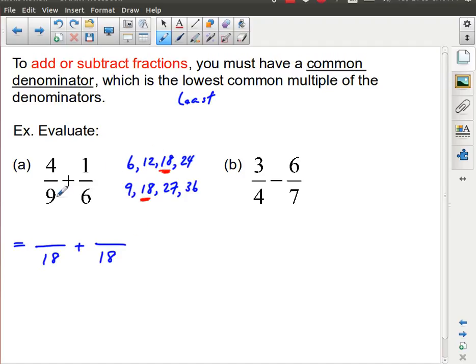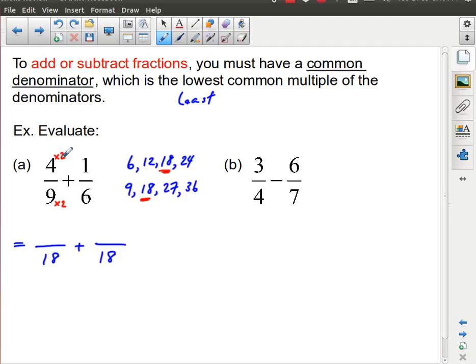So what did I do to the number 9 to turn it into the number 18? I had to multiply the number 9 by 2. I have to do the same thing to both numerator and denominator here, because I don't want to change what the fraction means.